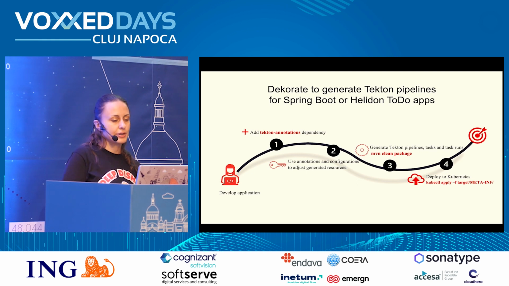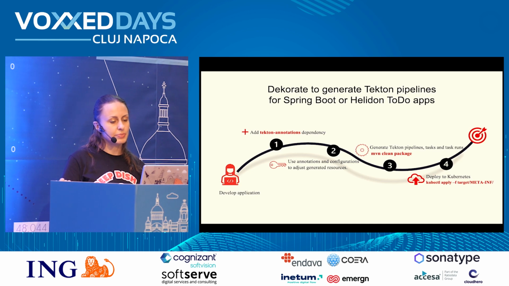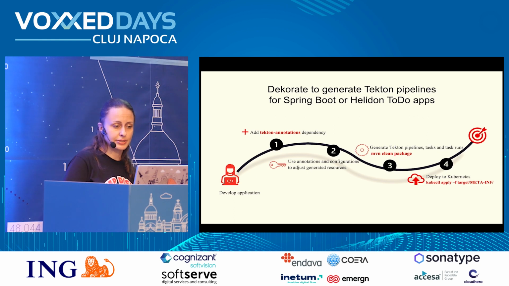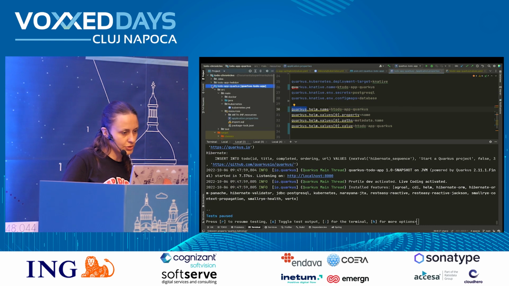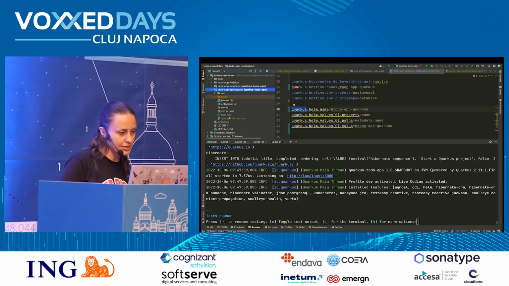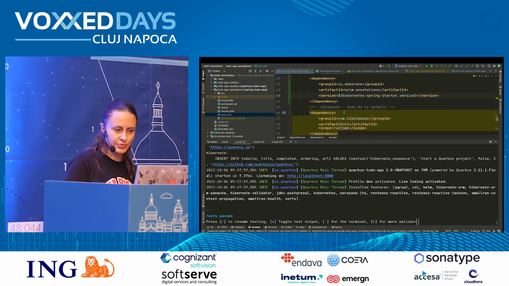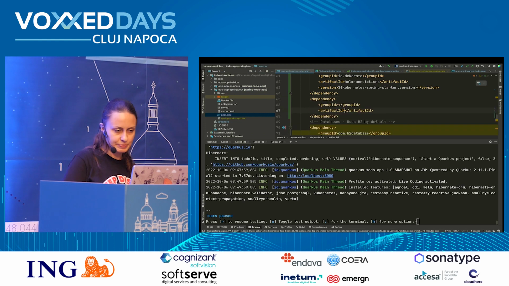And for Dekorate to work with Tekton, what you need to do is add the Tekton annotation dependency and use the same commands as before to generate your Tekton files. So just to go ahead with it and be done. The last one, the dependency.